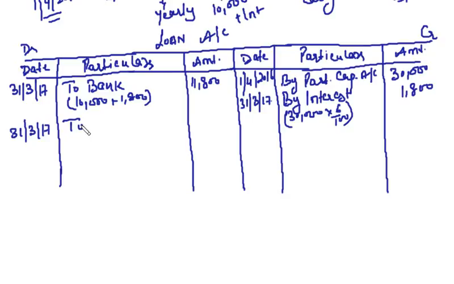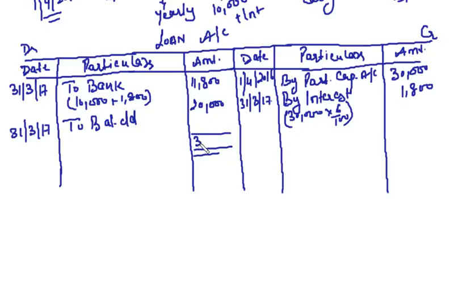What is the balance amount in the loan account? Can you tell me? To balance, carry it down. This 30,000 was the opening balance. 1,800 was the interest liability. Out of this, 10,000 is paid. This 1,800 in full is paid. What is left? 20,000 only. Clear? This is the balance that is carried forward to the next year.